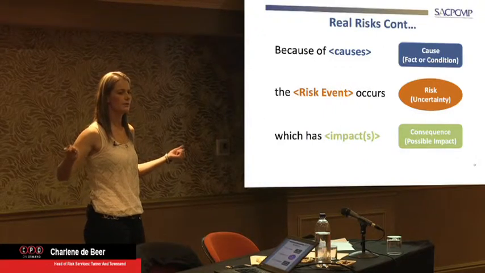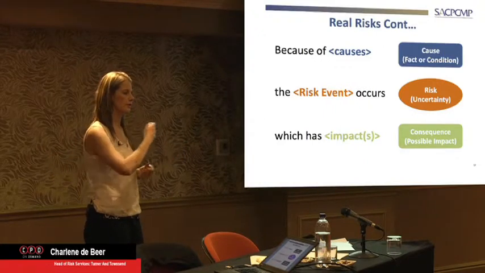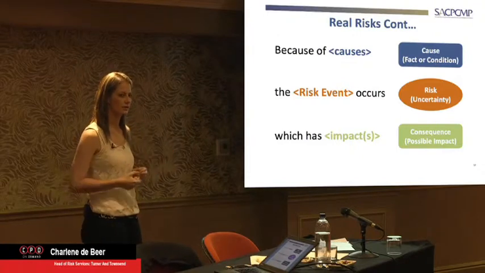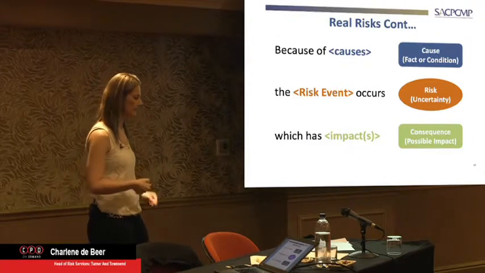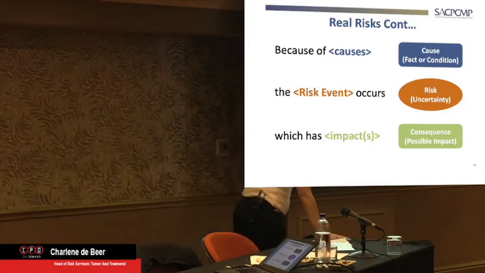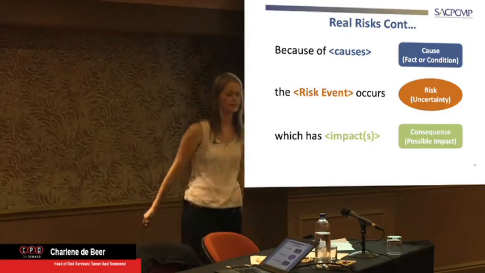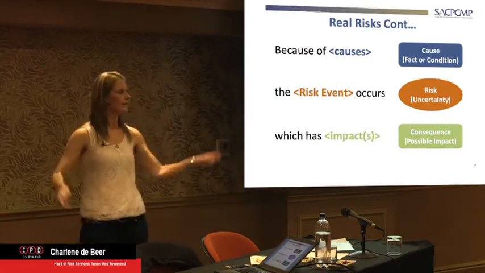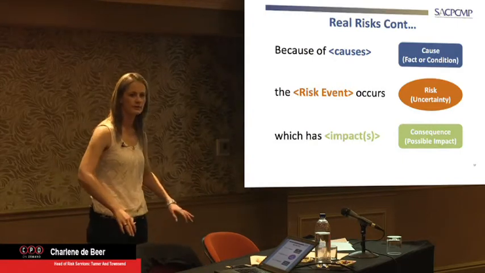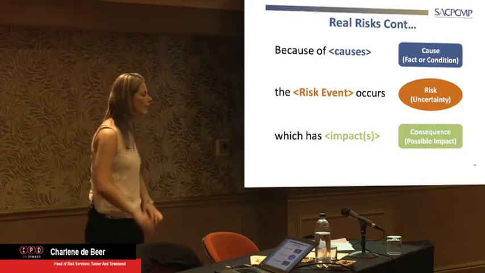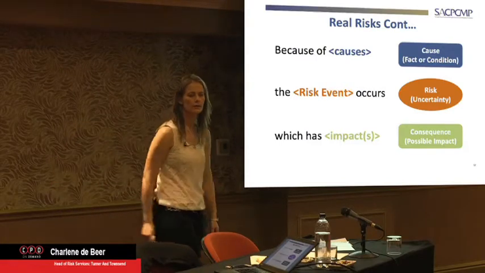Because if risks were like causes, a fact, a condition, if I knew that if I got into a car accident I'd be paralyzed for life, I'll tell you, I'm not going to drive 160 ever. Never. Doesn't matter if my house is burning down or what's happening, I will never drive 160.